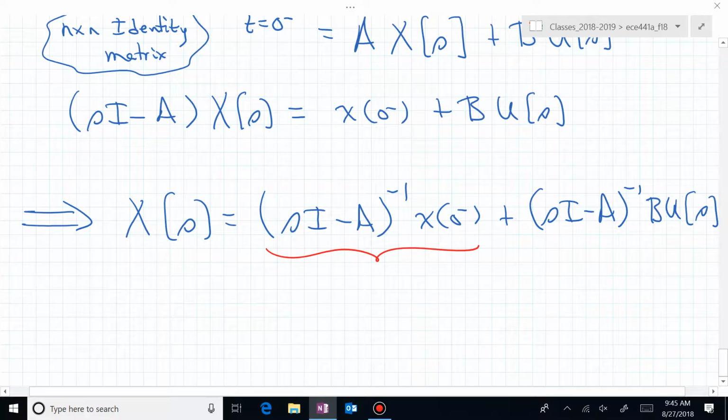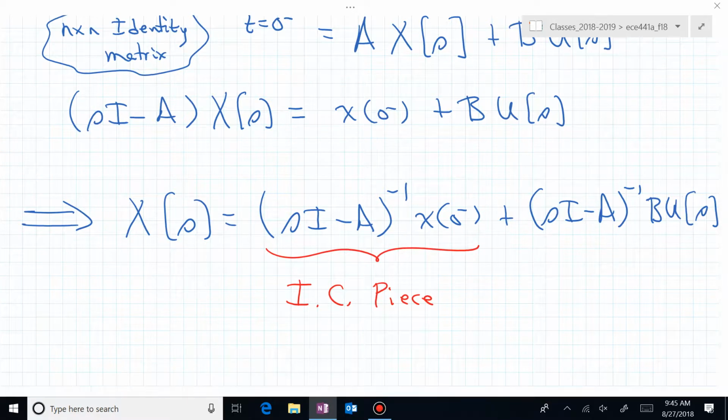Here, and now we have our Laplace transform of our state vector consisting of two pieces. We have one piece that is influenced by the initial condition on our state vector. If we had an initial position and velocity, we could put that in, and if we inverse Laplace transformed, we would find little x sub 1 of t and little x sub 2 of t evolving based on what the initial condition was equal to.